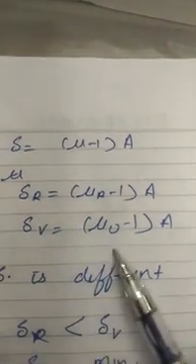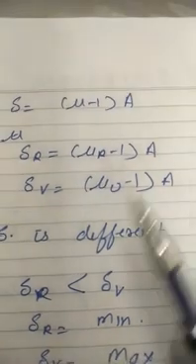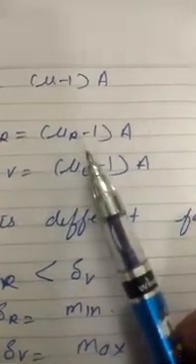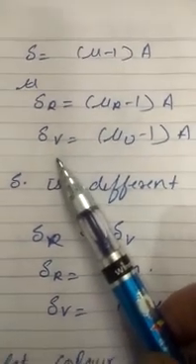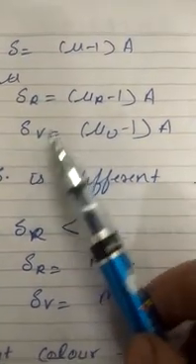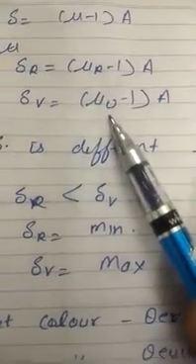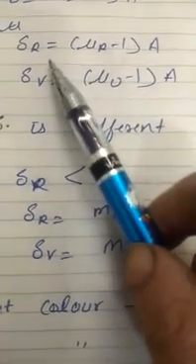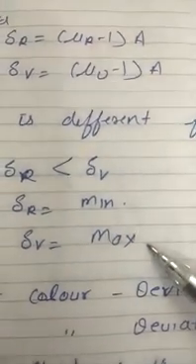For violet color its value will be like this. So delta is different, and that's why mu r is different from mu v, and hence delta r is different from delta v. And mu r has the minimum value and mu for the violet has the maximum value, and that's why delta r has the minimum value and delta v has the maximum value.